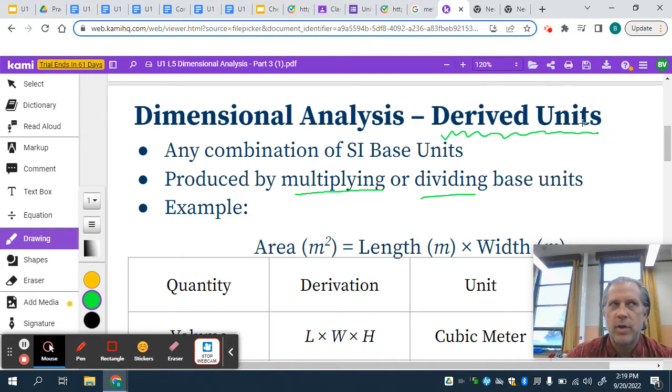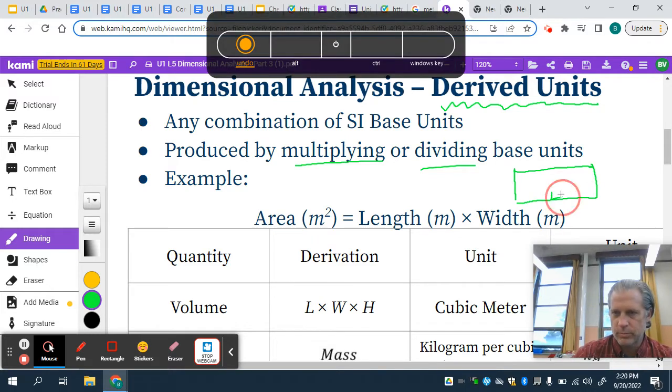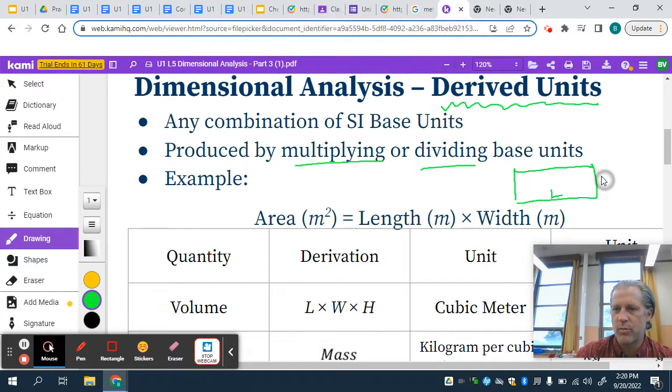It's a unit that you can't measure with a measuring device. You have to do some math with it. So, for example, if I said that we wanted to find the area of a block, here's my block, and this is my length and this is my width.